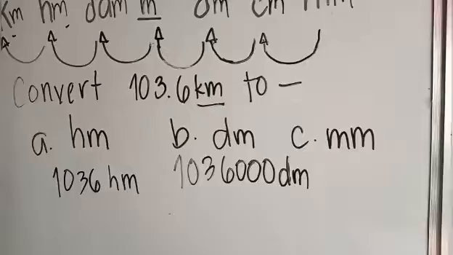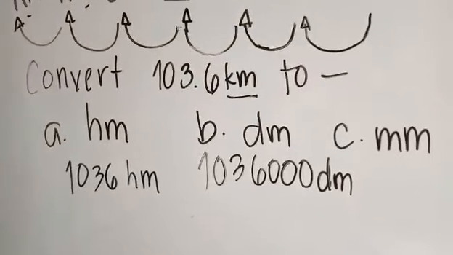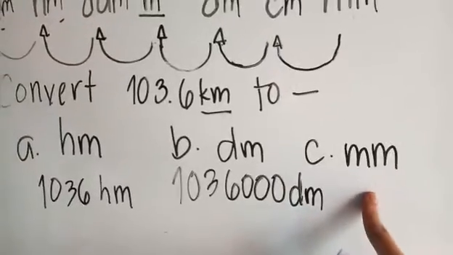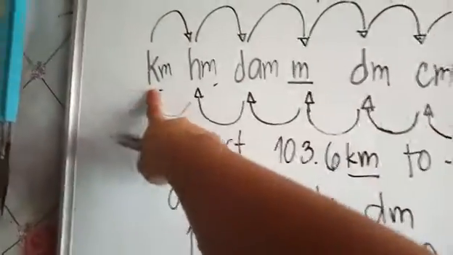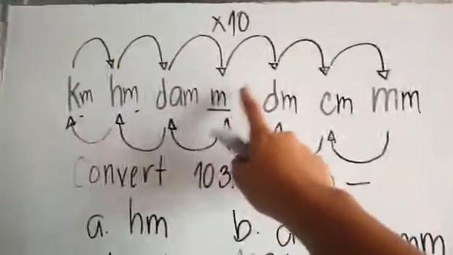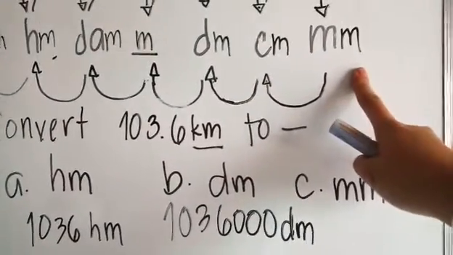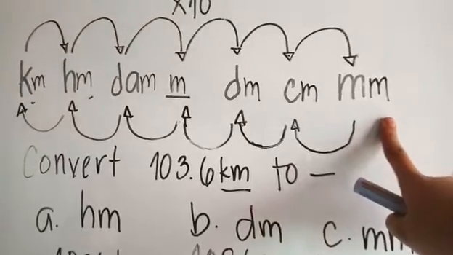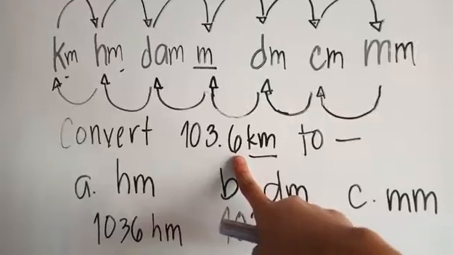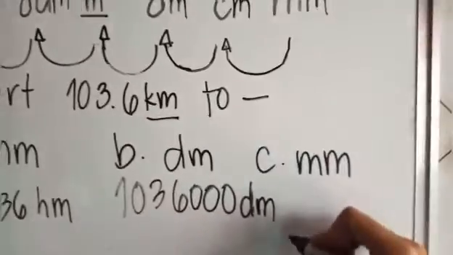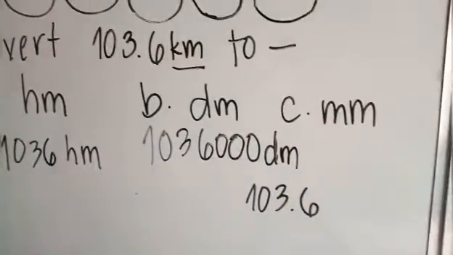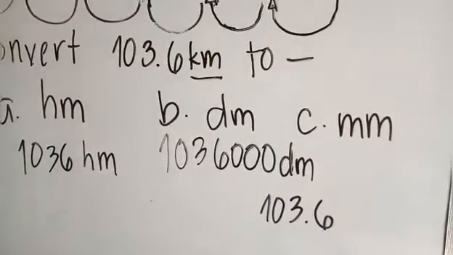Then, the last one is to convert 103.6 kilometer to millimeters. Okay, so there is our kilometer again. We move it into millimeter. So, we have 1, 2, 3, 4, 5, 6. So, it moved 6 times to the right. So, we also move this 6 times. So, we have 103.6. We will move it 6 times.